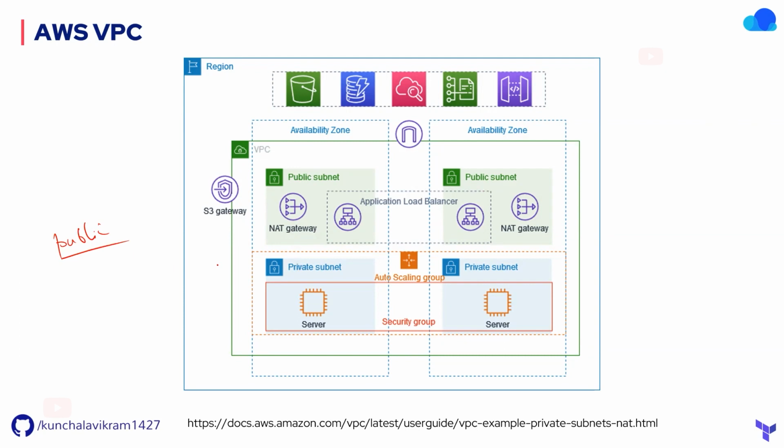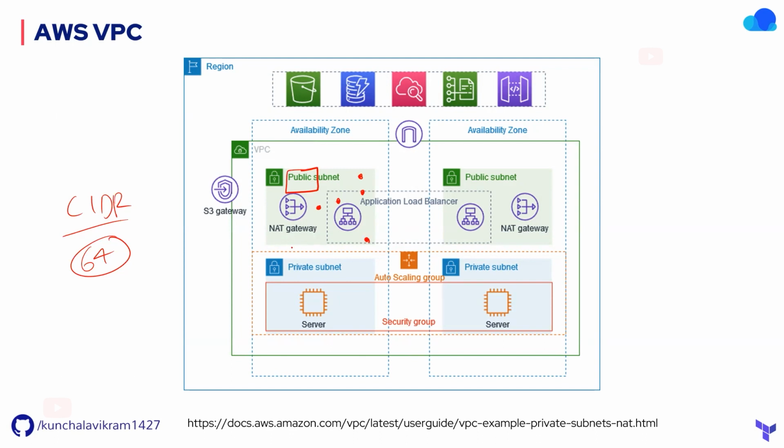It is a subnet, which can have any number of instances inside it. There is a CIDR range. Let's assume there are 64 IP addresses, which means I can deploy 64 EC2 instances.